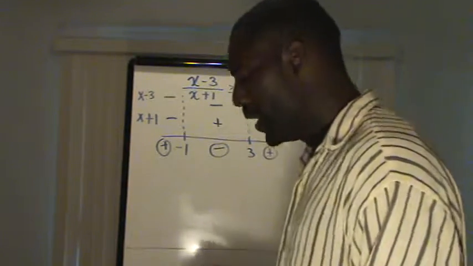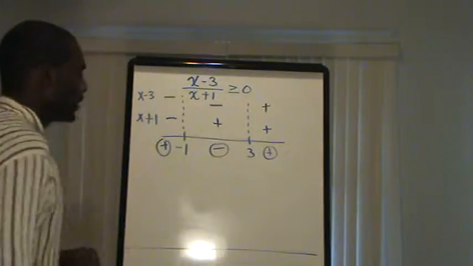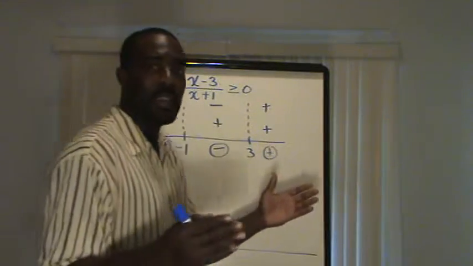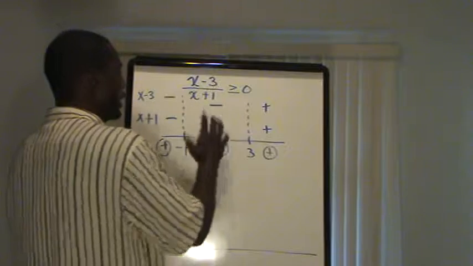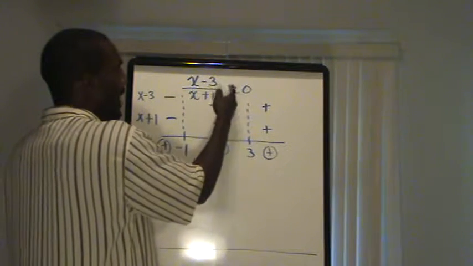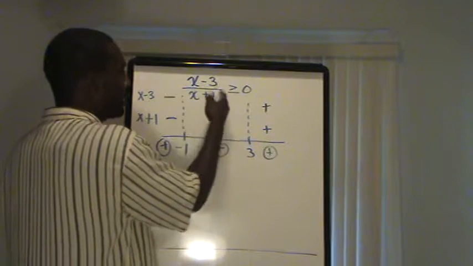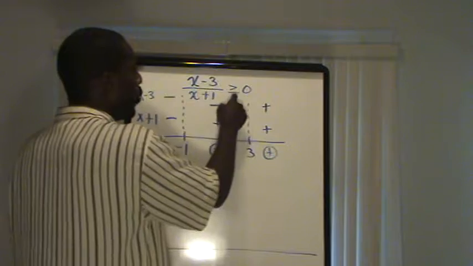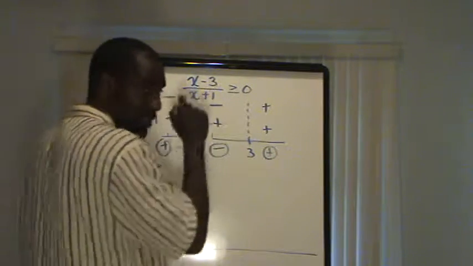Now, when we get ready to write our solutions here, I want to do it in two parts, meaning that I want to first find all solutions that satisfy the inequality that says (x - 3)/(x + 1) is greater than 0, and then I want to come back and talk about what we need to do for equal to 0.